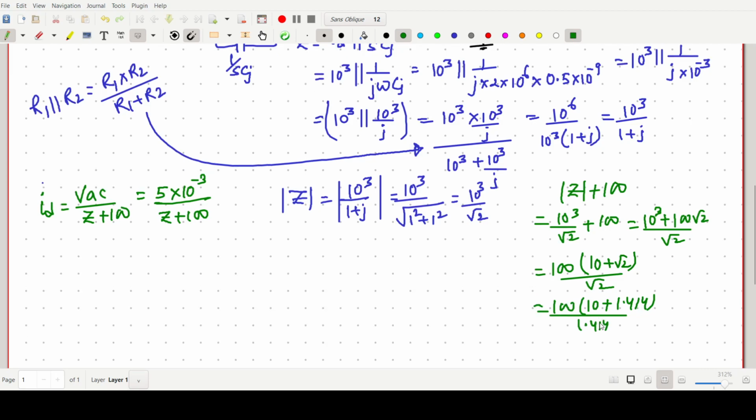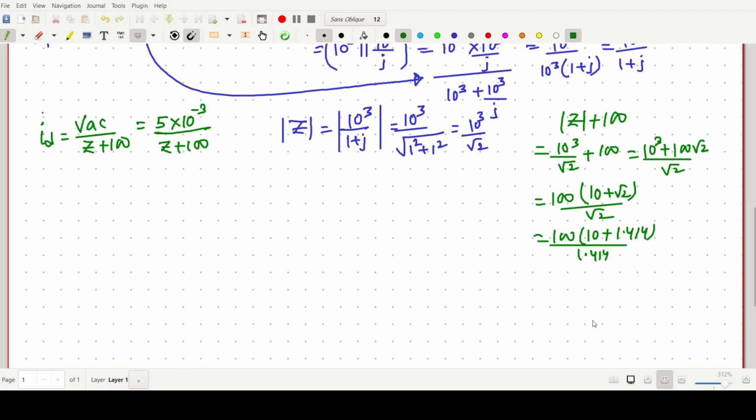Okay, I am just doing the mathematics step by step. So it should be 100 into now 10 plus 1.414. Okay, so we just add, it should be 11.414 by 1.414. Okay, then multiply with 100.